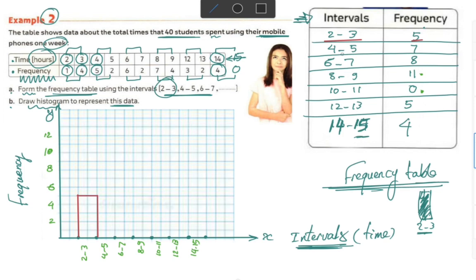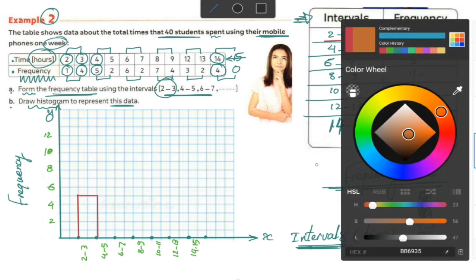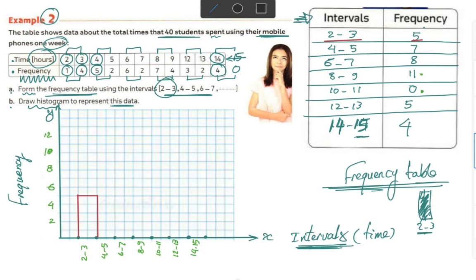Next interval is what? 4 5. Its frequency is 7. What is 7? Here. Don't forget there is no gap. What's the meaning of gap?